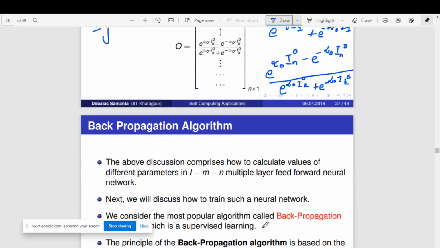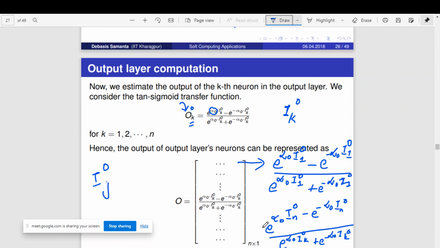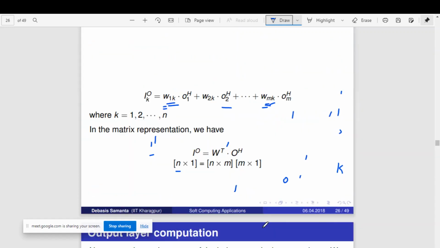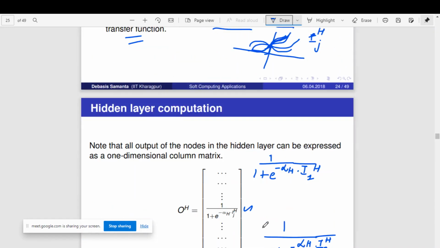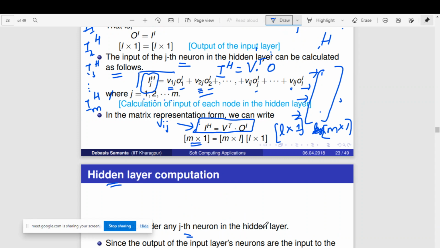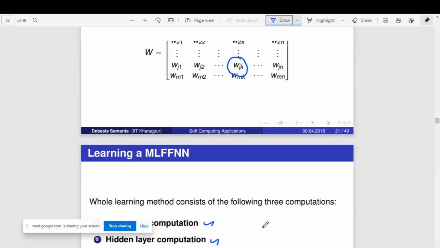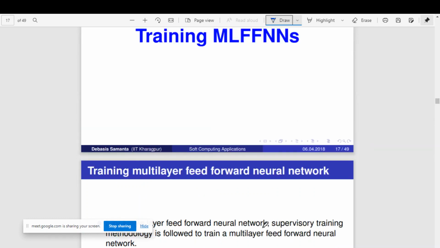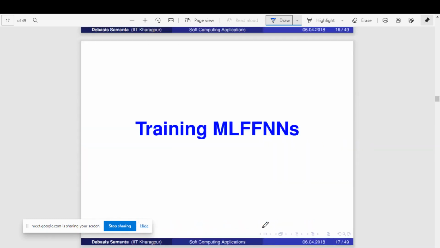With all these equations in hand, now we can learn backpropagation. To summarize, we are trying to understand how training will work in a multi-layer feed-forward neural network.